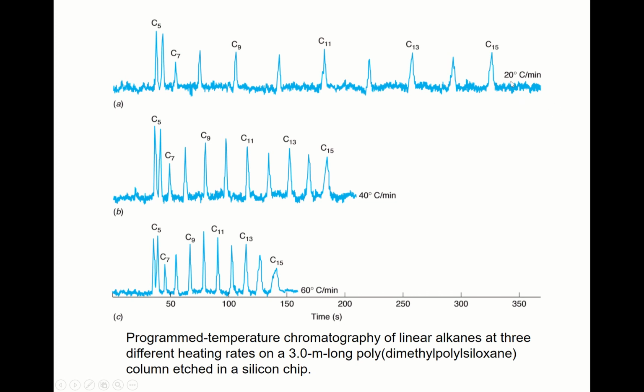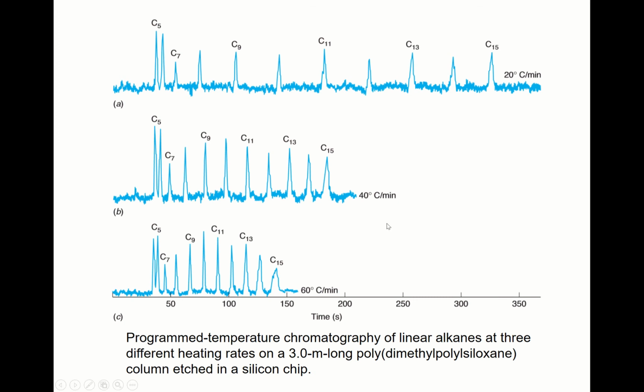When you increase the temperature 20 degrees C per minute, it may take longer time. So in order to separate C15, you have to wait until, let me see, more than 300 seconds, about 7 minutes.